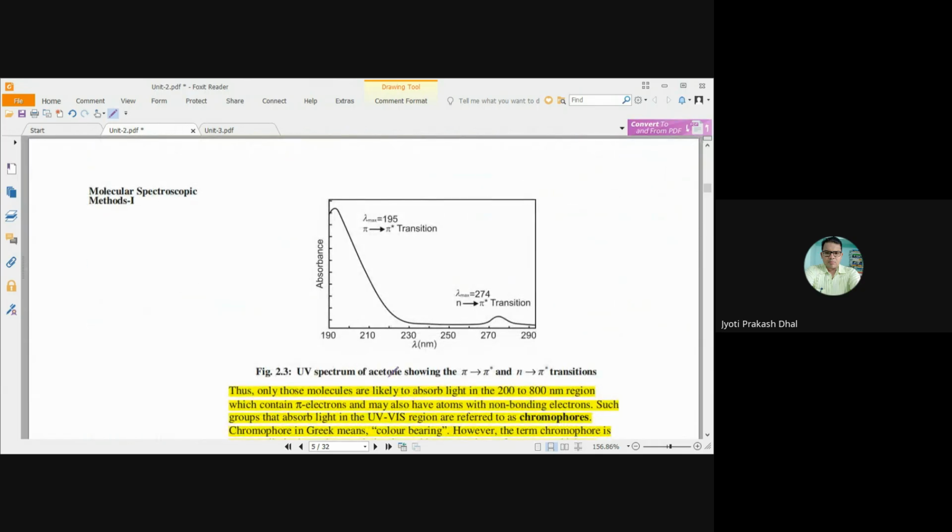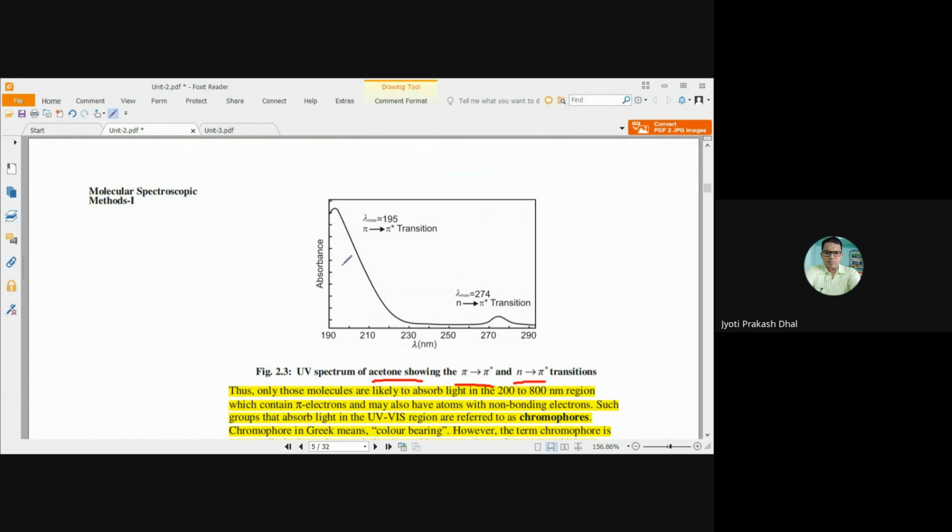So here this is the UV spectrum, because there is no chance of transition within the visible range, so we are showing only the UV spectrum. The UV spectrum of acetone shows the pi to pi star transition and the n to pi star transition.